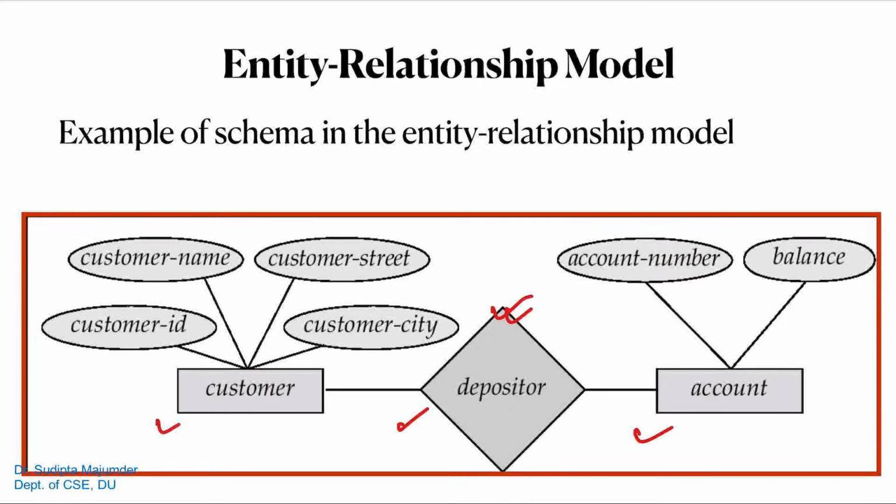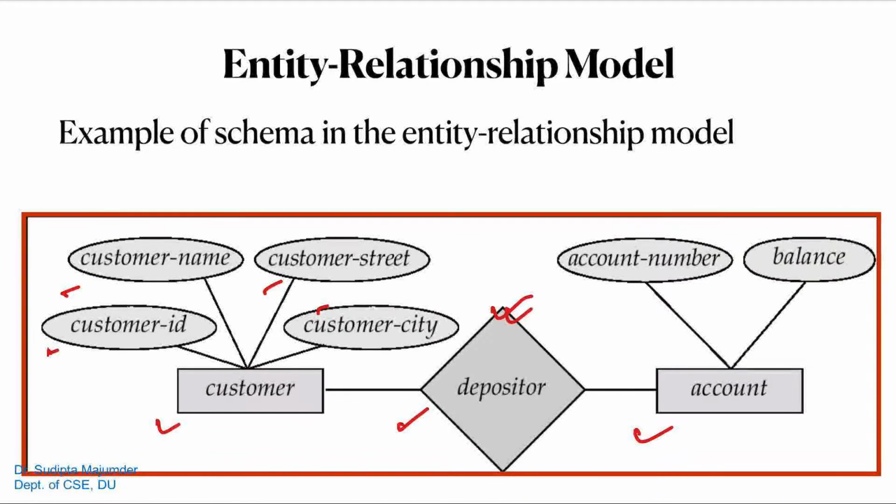And also we have ellipses, which represent attributes. These are the attributes of an entity called customer. Then also we have some lines. The lines are the links between attributes and entity sets, and also between entity sets and relationships.